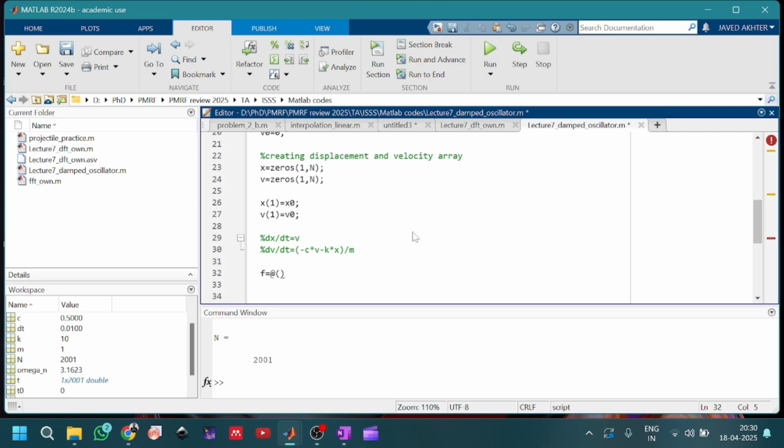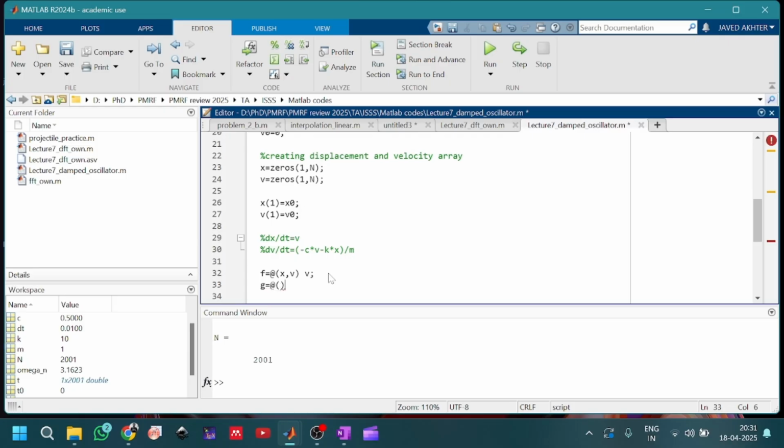So here you will have xp. So you are specifying to MATLAB that x and v are variables, and you are writing that under this character. So this is your one function, and you will have another function, where here also x and v will be variables.